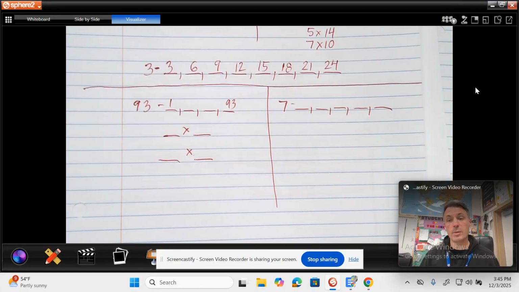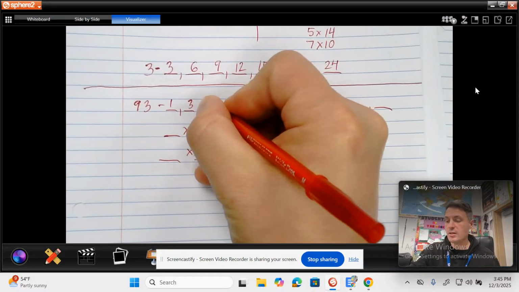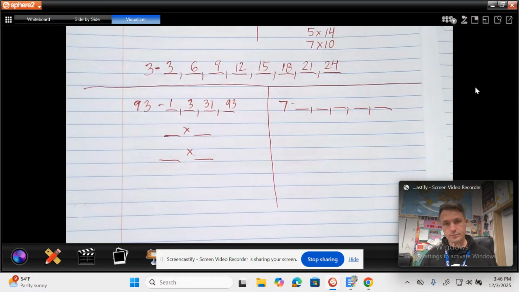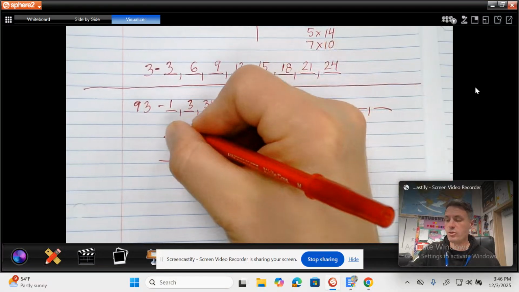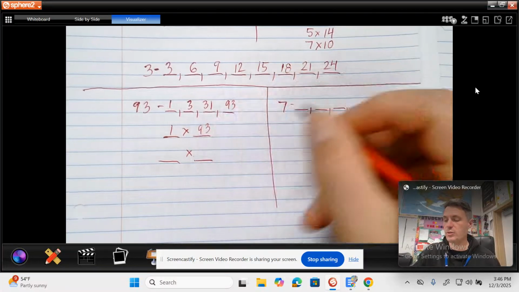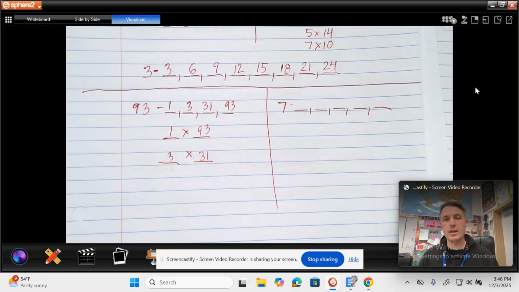And the other 2 numbers that can be multiplied to equal 93 are 3 times 31. Because 3 times 31 is 93. So the factor pairs would be 1 and 93 and 3 and 31. Okay, good job if you got that correct. Good job even if you didn't, as long as you did your best.